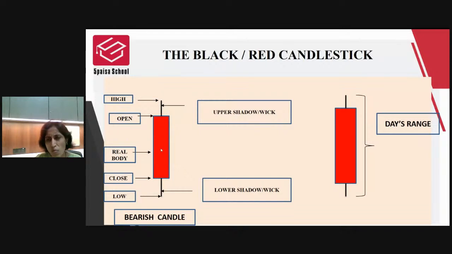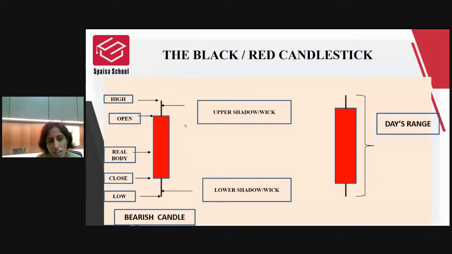If it is a very insignificant difference, let's say the opening price is 50 and the closing price is 45, of course it indicates a bearish sentiment. But in that case, you will find that the real body is small as compared to an opening price of, let's say, 200 and a closing price of, let's say, 100.